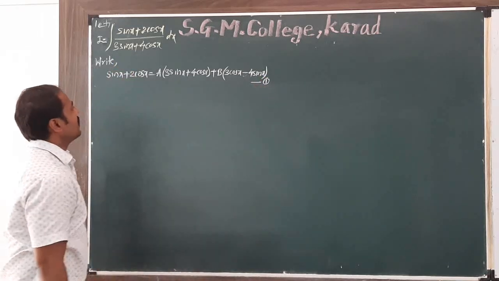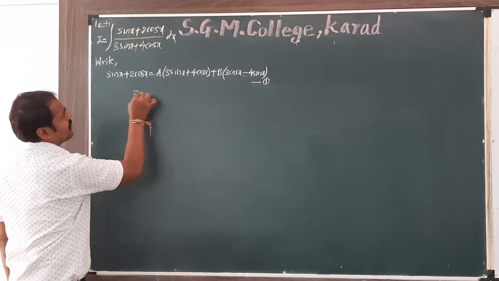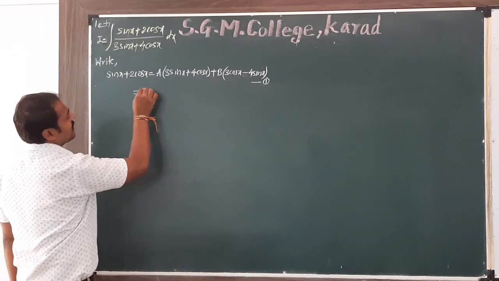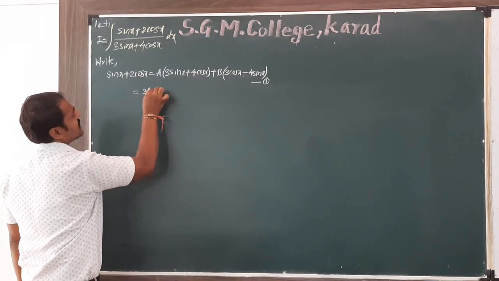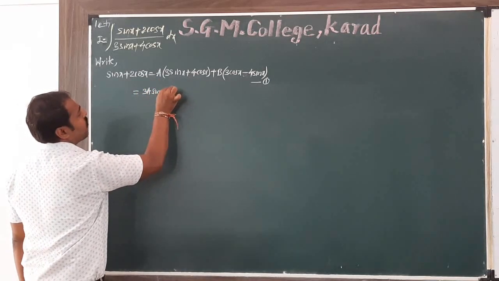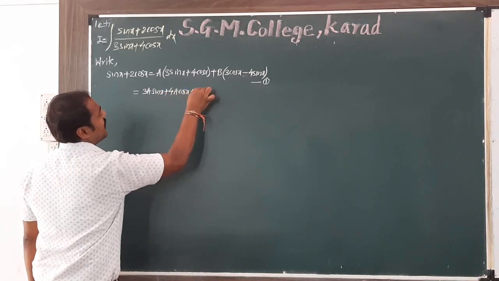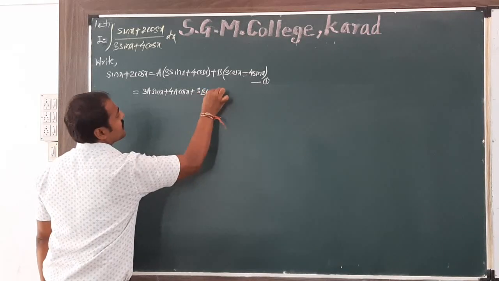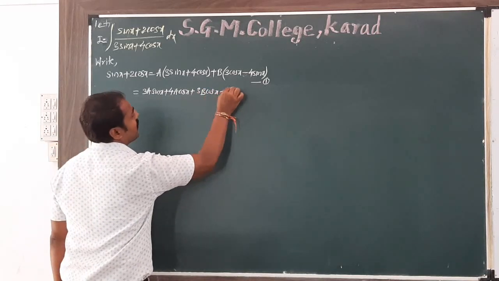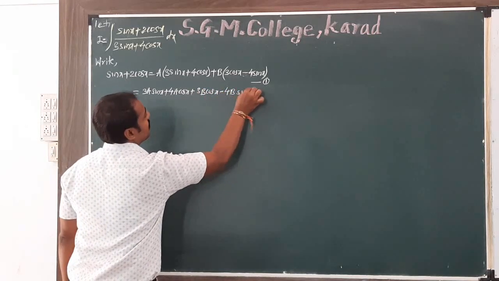Okay. After simplification, by multiplying by a, it's nothing but 3a sin x plus 4a cos x plus 3b cos x minus 4b sin x.